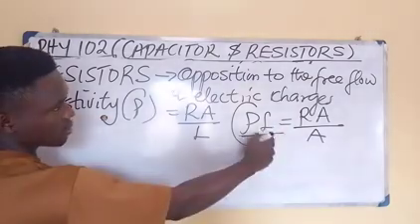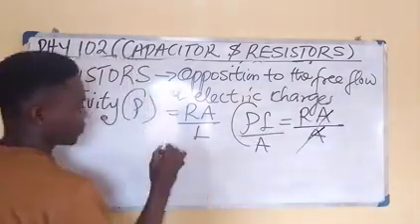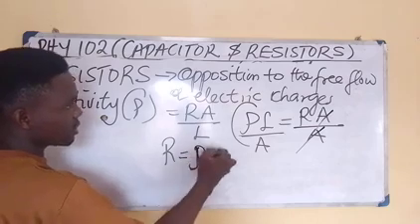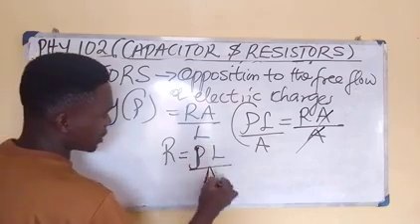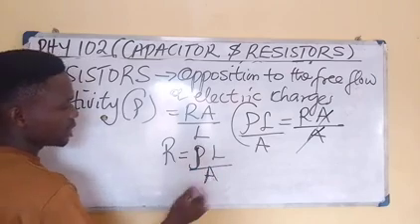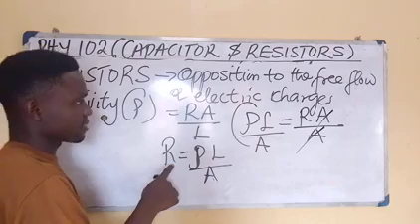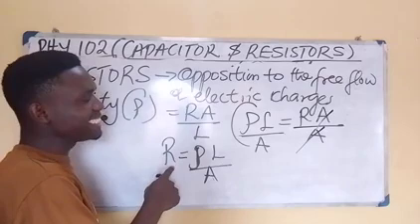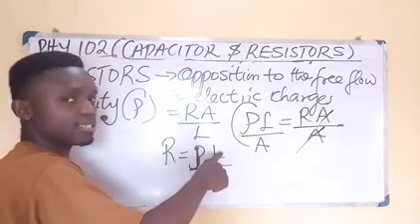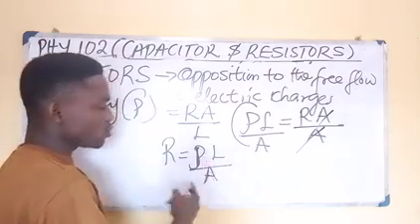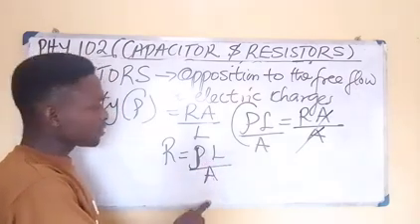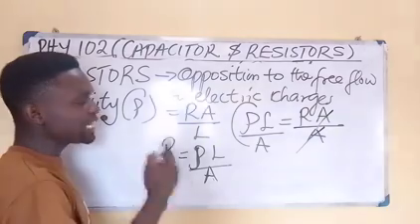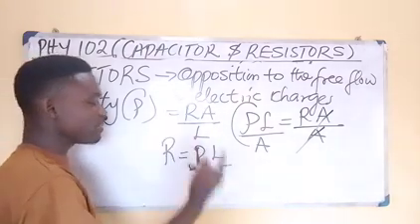What about resistance? It becomes ρL over A. It means that the resistance of a resistor is directly proportional to the length and inversely proportional to the area.